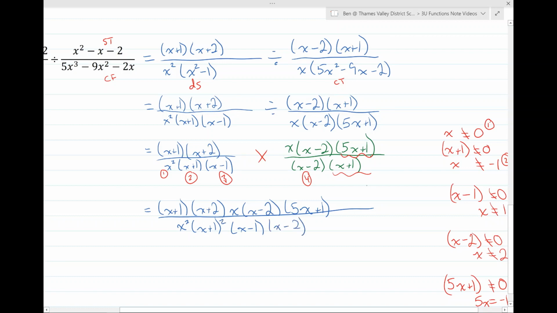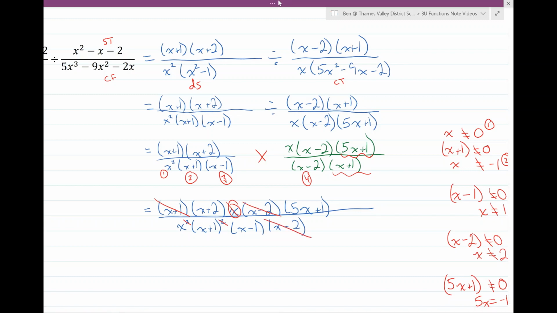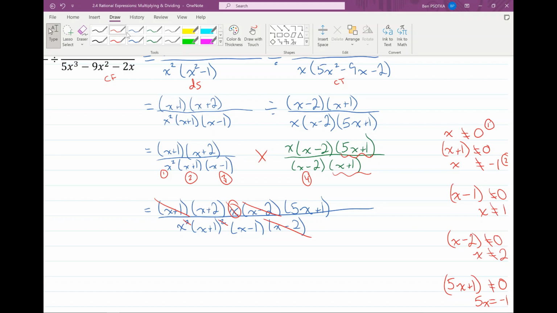That squared came from this factor here. Now we can perform our cancellations because we've already stated our restrictions on variables. So x can cancel out with one of the x's in the denominator. I see an x plus 1 in my numerator, that cancels out with one of those factors in the denominator. My x minus 2 factors cancel out, and I can see that it's starting to look much nicer.